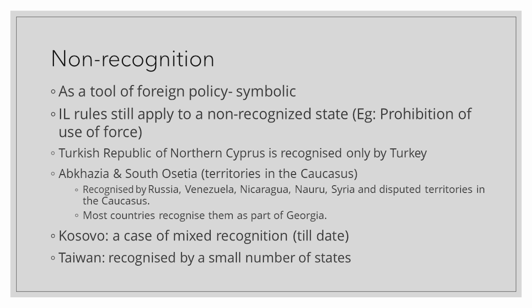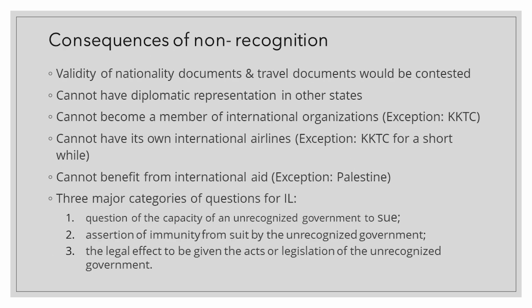Then another consequence of non-recognition is that a state which has not been recognized by most of the countries of the world cannot become a member of an international organization. So, for example, if Taiwan is not recognized as a state separate from China, it cannot be called a state in the eyes of international law, and therefore it cannot become a member of an international organization.